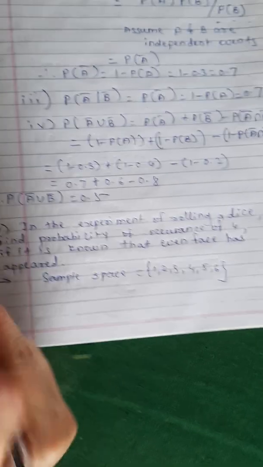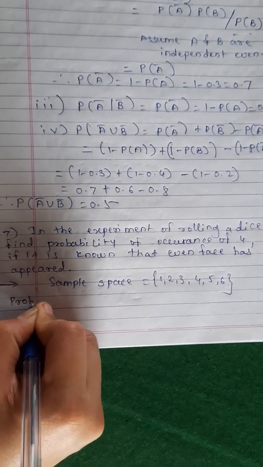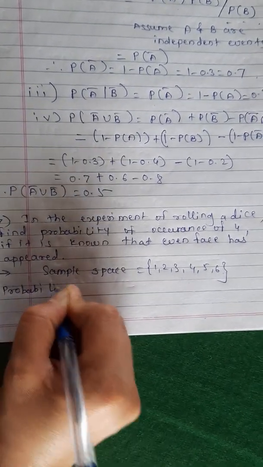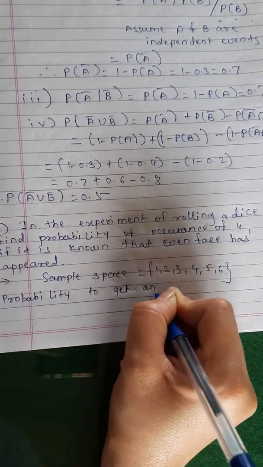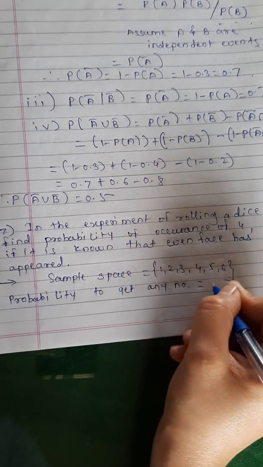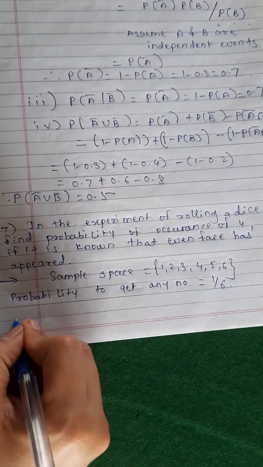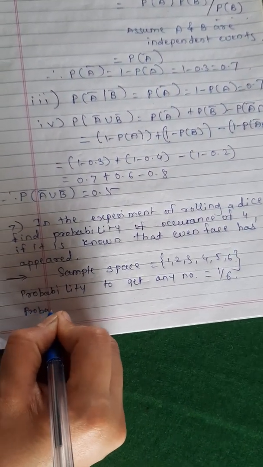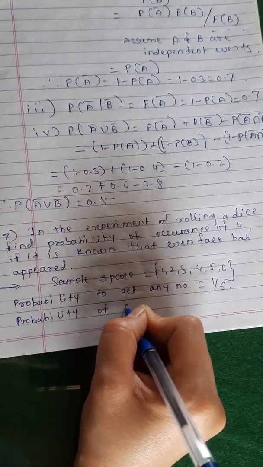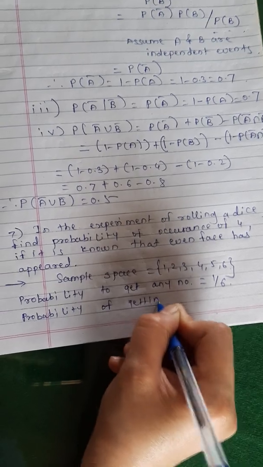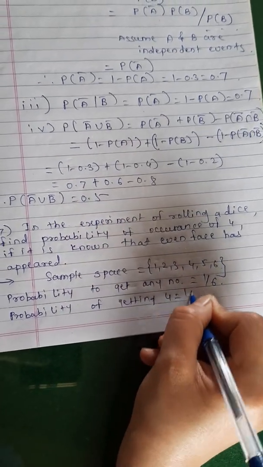So the probability of getting 4 is 1 by 6.